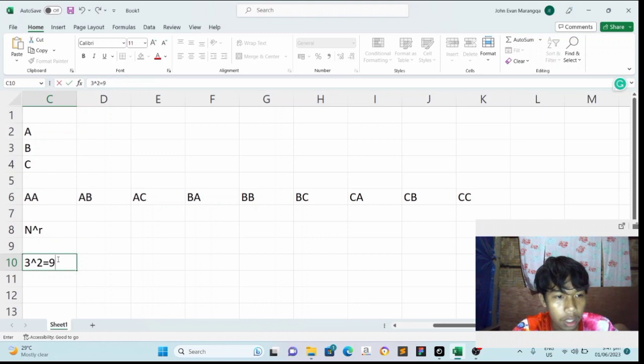So 3 raised to 2 is equal to 9, because 3 times 3 is equal to 9. This concept can be extended to situations with more objects or different values of r. For example, if we had 3 objects, A, B, and C, and wanted to arrange them in sets of 3, we would have 3 raised to 3, so the number of possible arrangements would be 27, since 3 times 3 is 9, and 9 times 3 is 27.